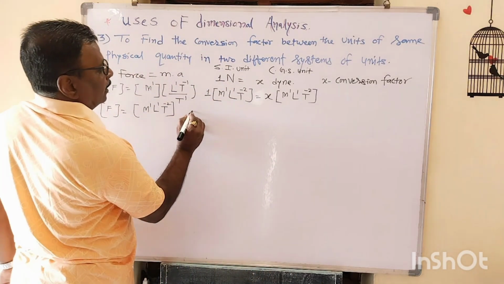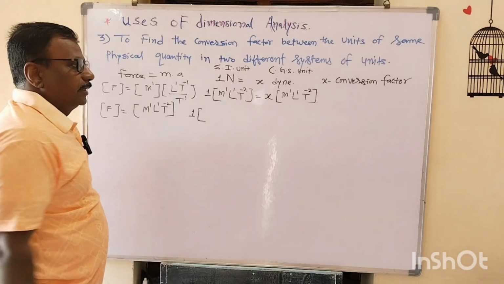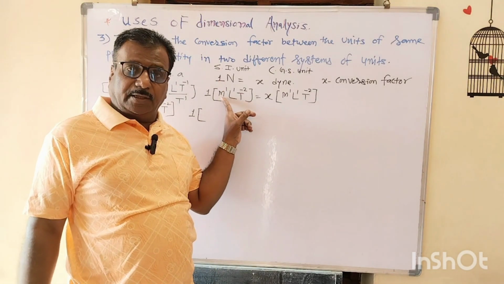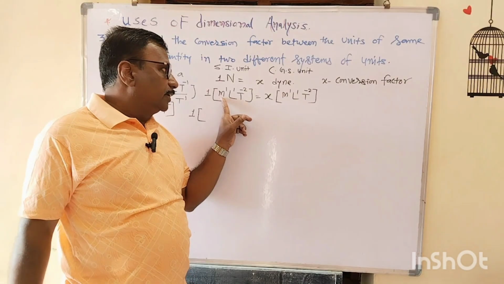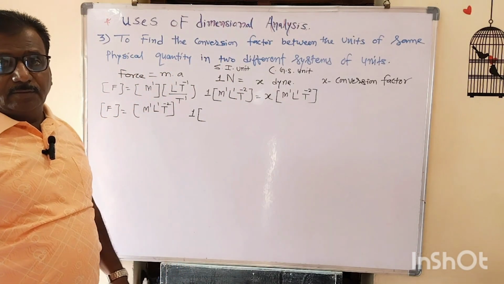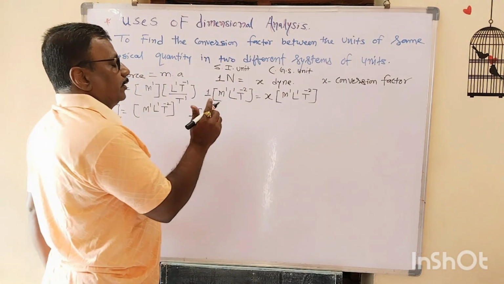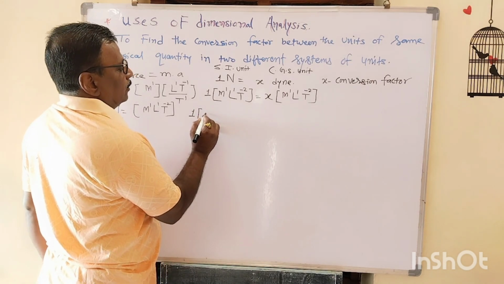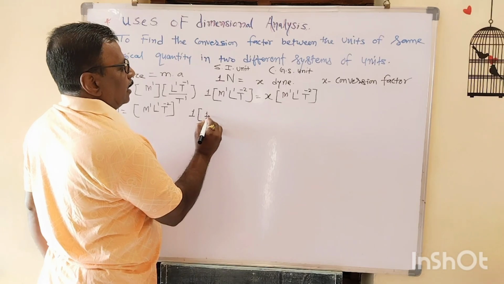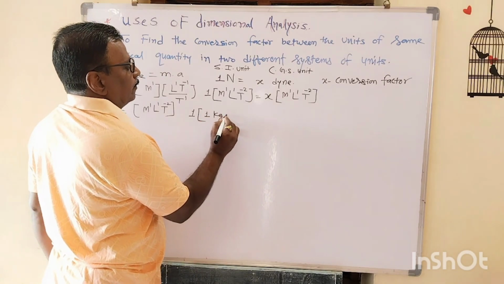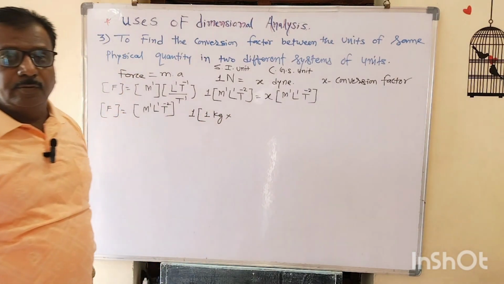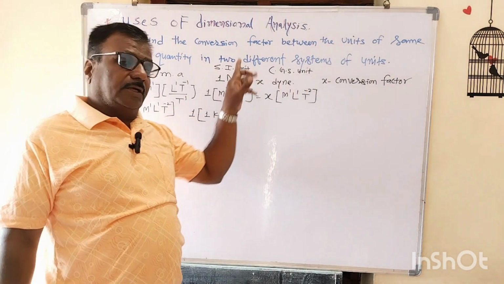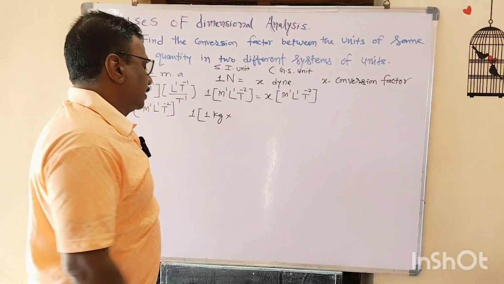So we write here that is equal to 1. So M raised to power 1, that means here mass is measured 1 time. In SI unit, mass is measured in kilogram. So we write here 1 kilogram into, here length in SI system is measured in meter.